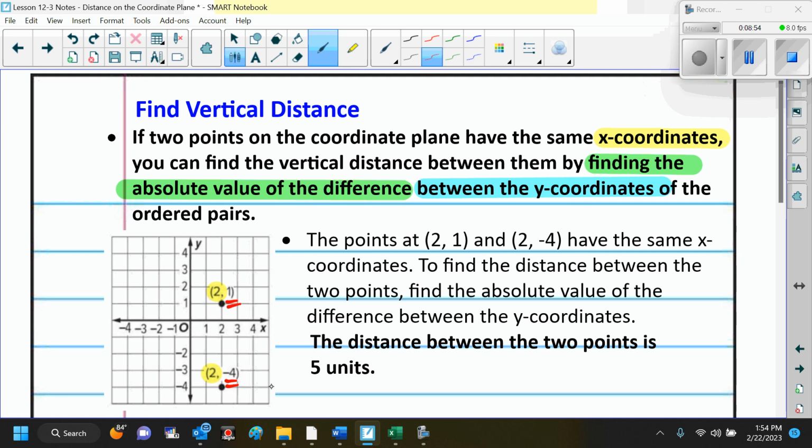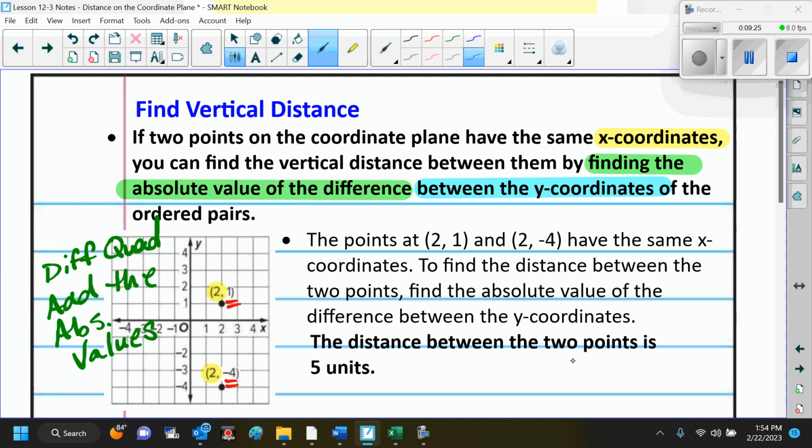Now, these 2 points are in different quadrants. So if we are in different quadrants, what are we going to do? We want to add the absolute values. Okay, so we've got the absolute value of 1.